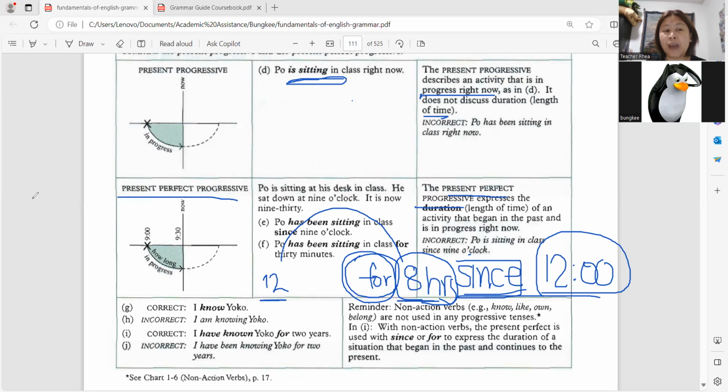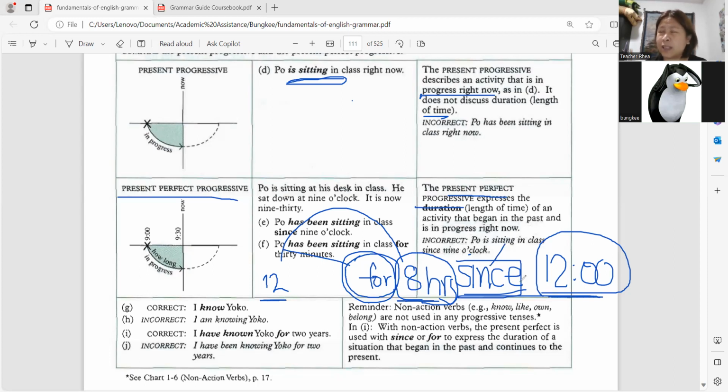If present perfect, when you use for and since, that is, I have finished eating. I have finished my task. I've finished eating since 12.